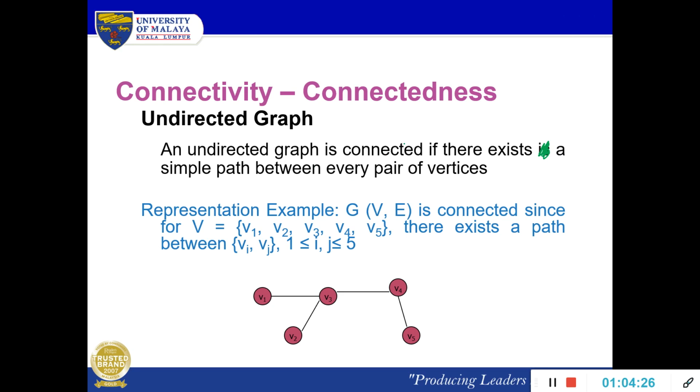So in this example, graph G with set of vertices V and set of edges E is connected since for V1, V2 until V5, there is a path between Vi and Vj: V1 to V4, V1 to V5, and so on. There is a path between Vi and Vj where 1 is less than or equal to i and j is less than or equal to 5.